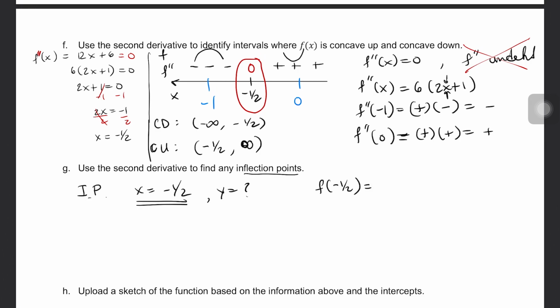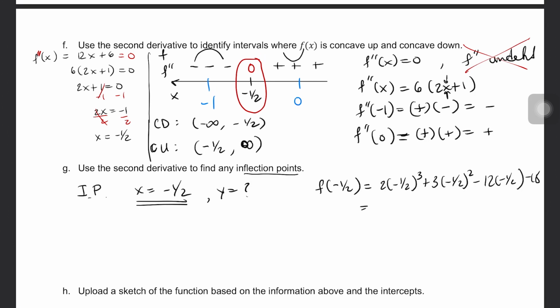So the original function is going to be, let me just get my notes here, 2 times negative 1/2 to the third power plus 3 times negative 1/2 to the second power minus 12 times negative 1/2 to the first power minus 18.